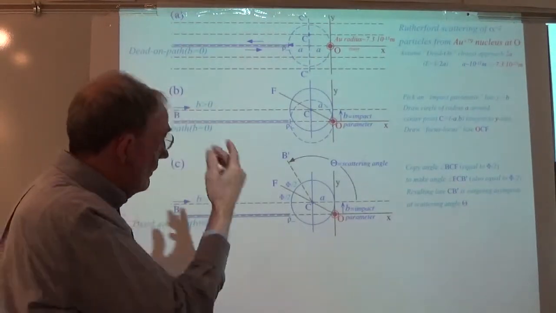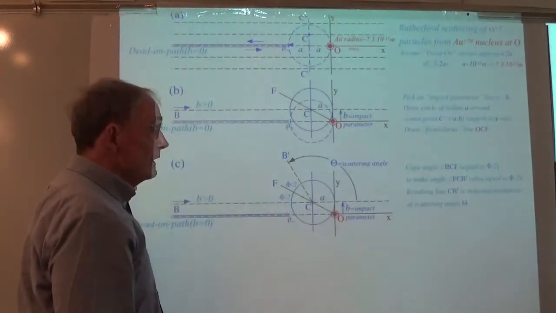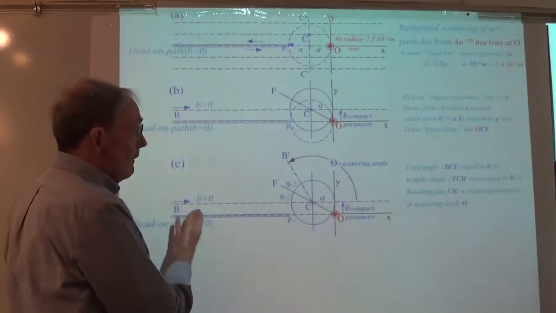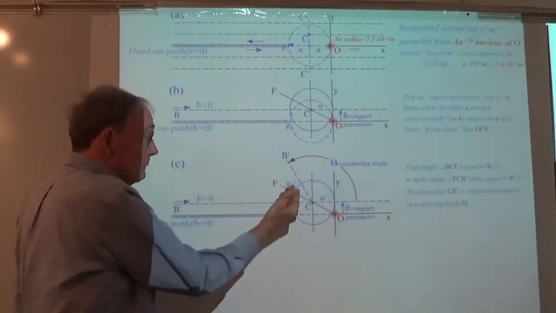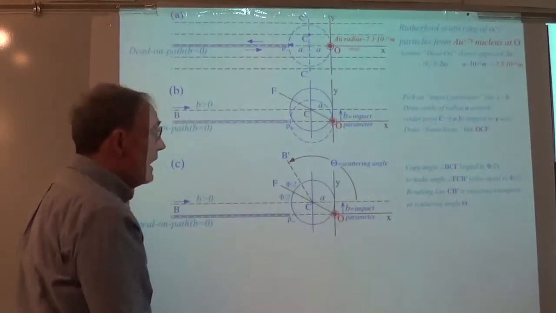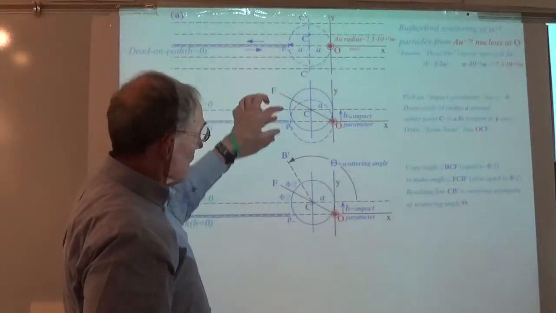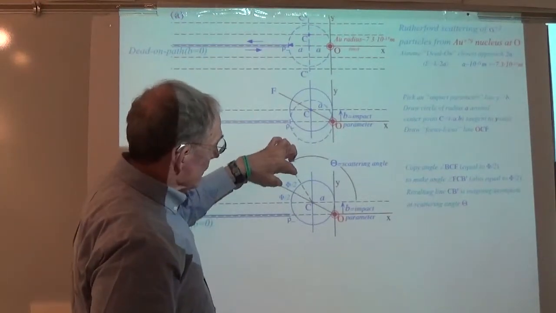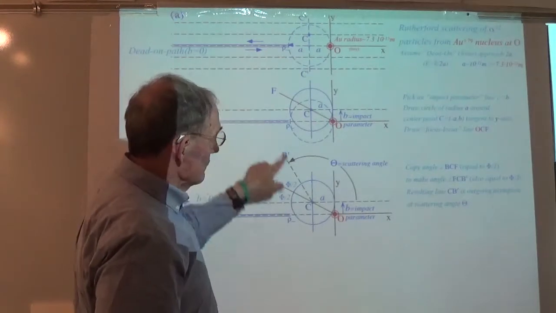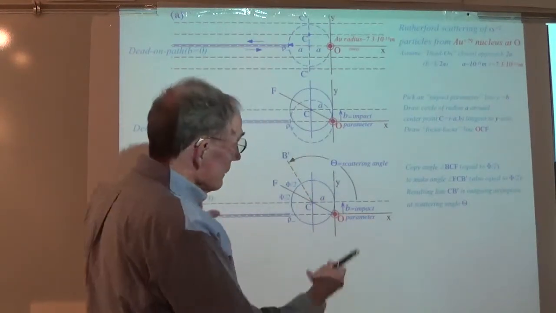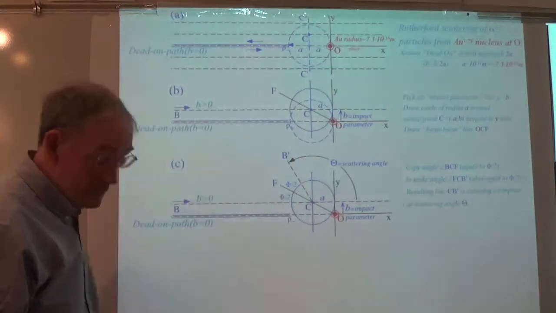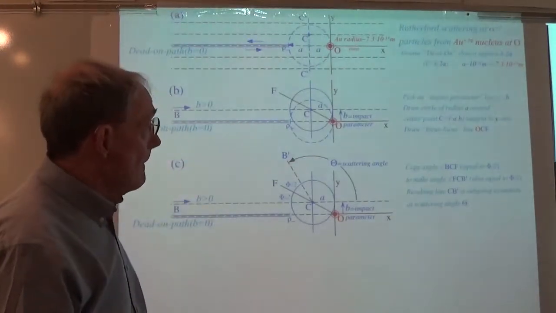But this is where you get the scattering angle, however you label it, simply by copying this little angle right here up here and drawing a line. Okay, you might as well draw it down here if you want to keep the diagram symmetric, but keeping it as simple as possible right now.